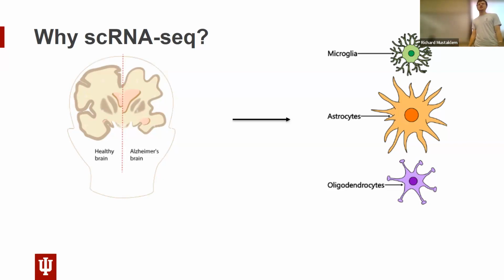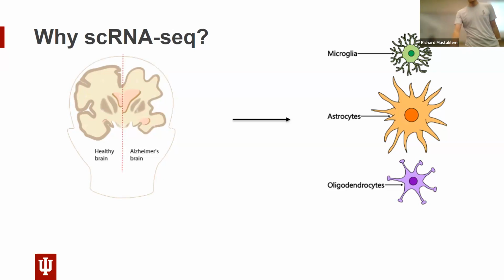So if you have a healthy individual who's 90 years old, and an individual who's 91 years old with Alzheimer's, how are you supposed to ethically compare their brains? That's where single-cell comes in. It looks at the individual cellular level between two individuals, looks at the makeup between them, and compares them.